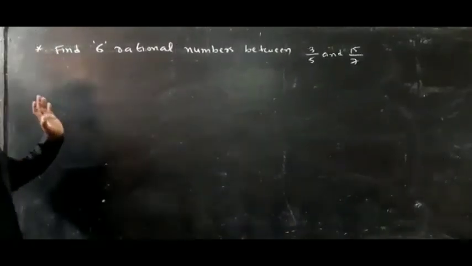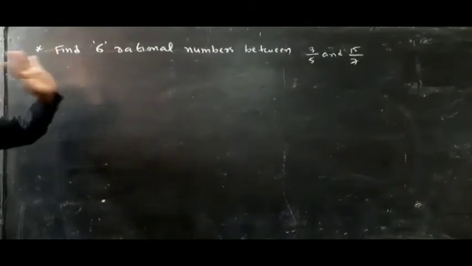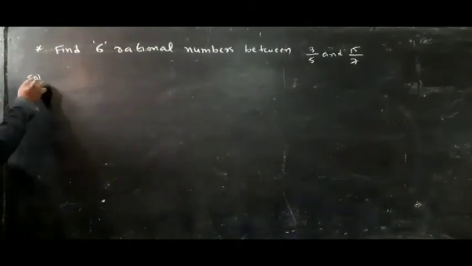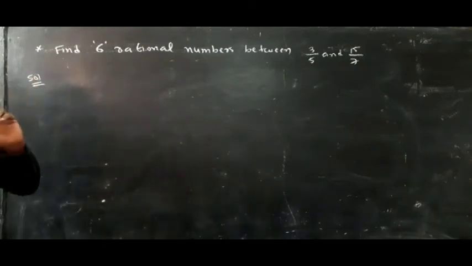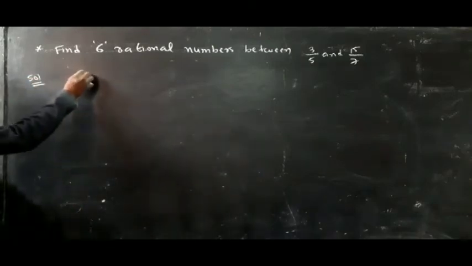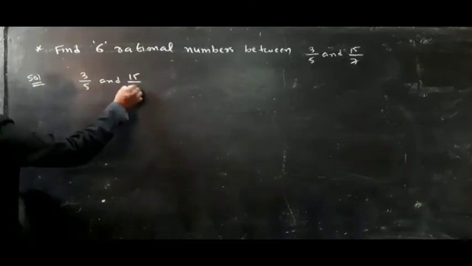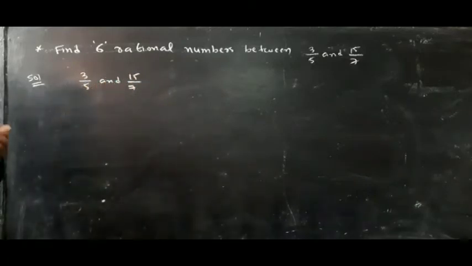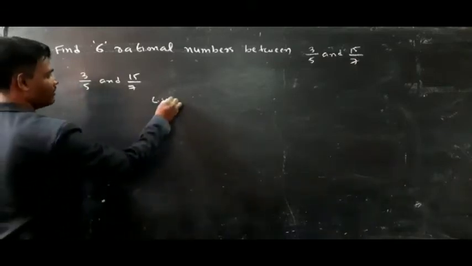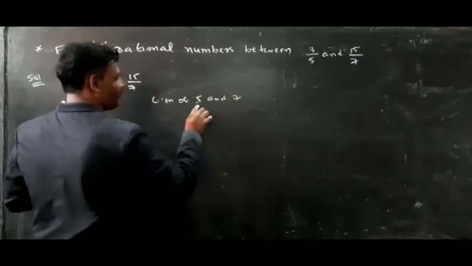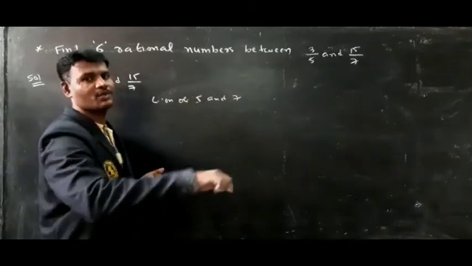Find 6 rational numbers between 3 by 5 and 15 by 7. Solution. So to find rational numbers we have two methods. What is given here? 3 by 5 and 15 by 7. What are the denominators? 5 and 7. LCM of 5 and 7. 5 is a prime number, 7 is also a prime number.